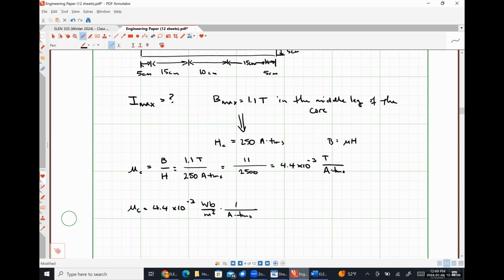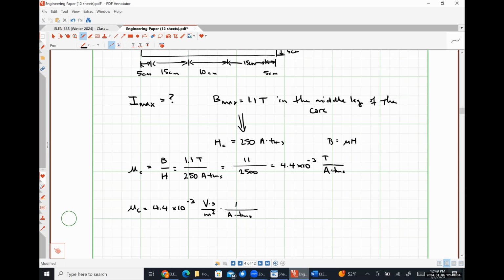A Weber is a volt second, and a volt second per ampere is a Henry. That's where we're going for, right?